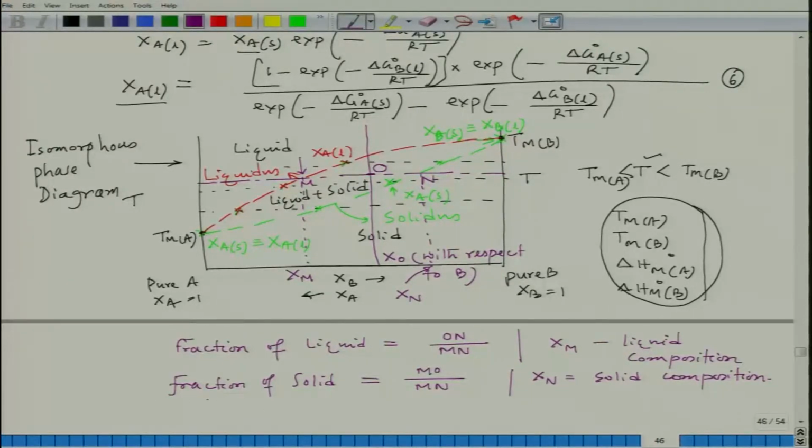Remember, these fractions come from tie line construction, and the basis is mass balance.